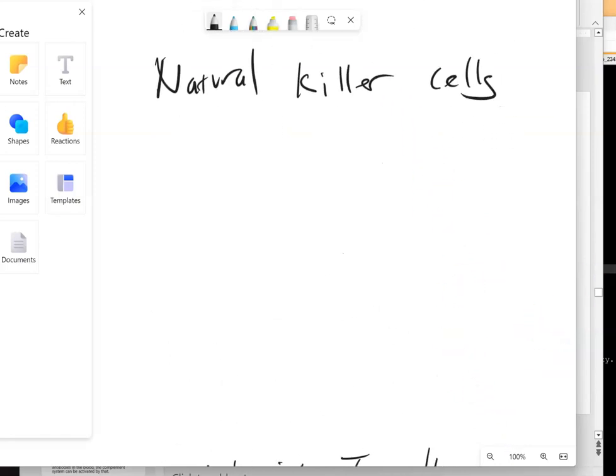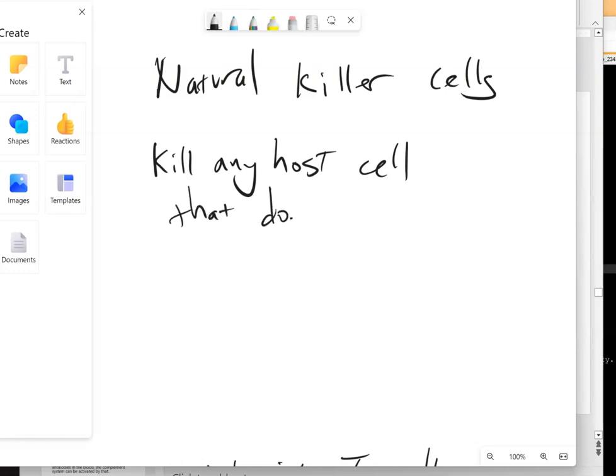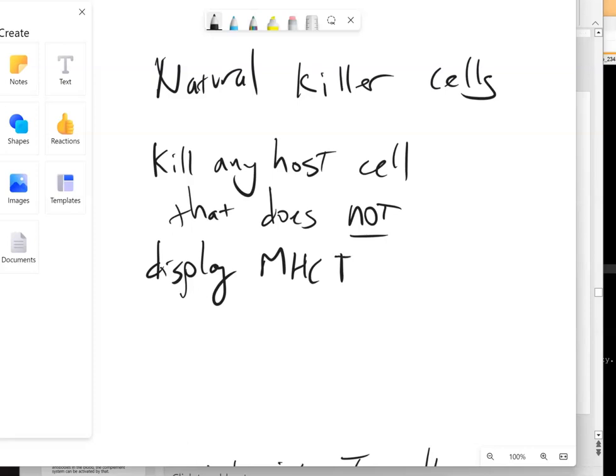So, what do natural killer cells do? They kill any host cell that does not display MHC1. Okay, so what's the logic here?